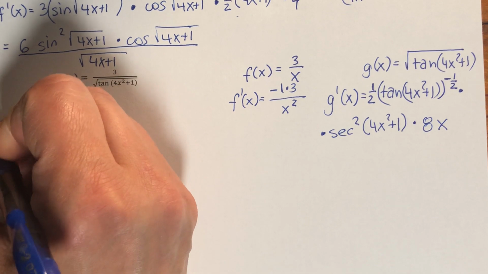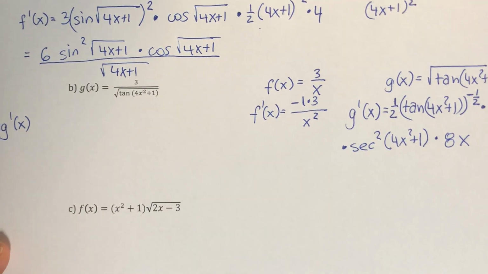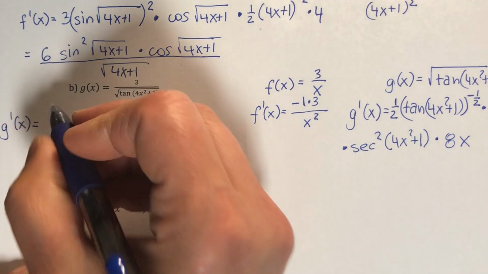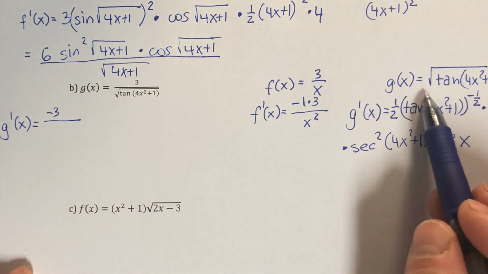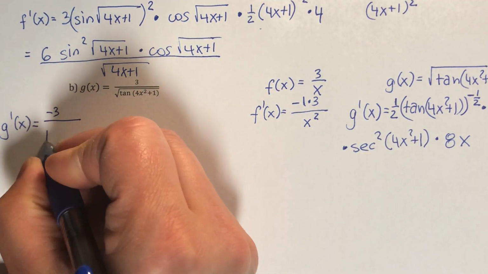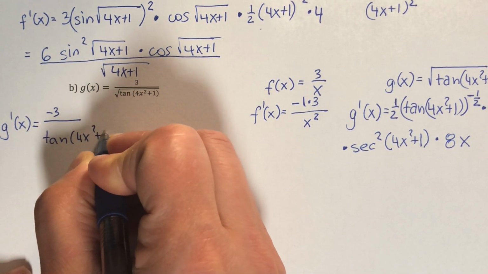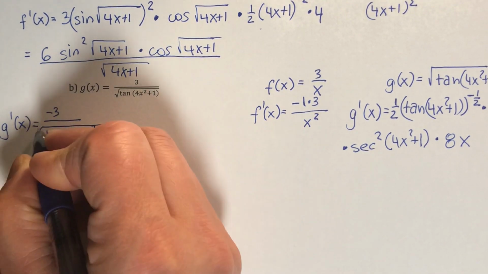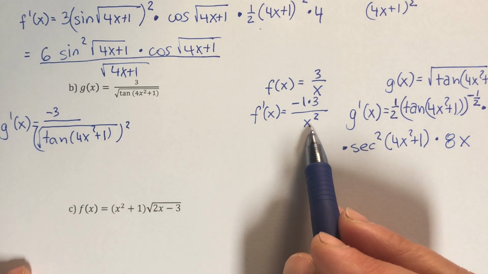And now we can go back and find the derivative of the g function. So the derivative of the g function is going to be -3. In place of x, we always plug in the g function. And that's square root, but we are squaring that because of this.